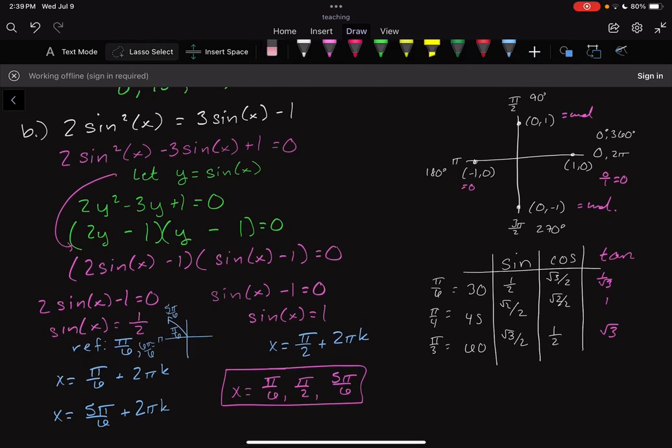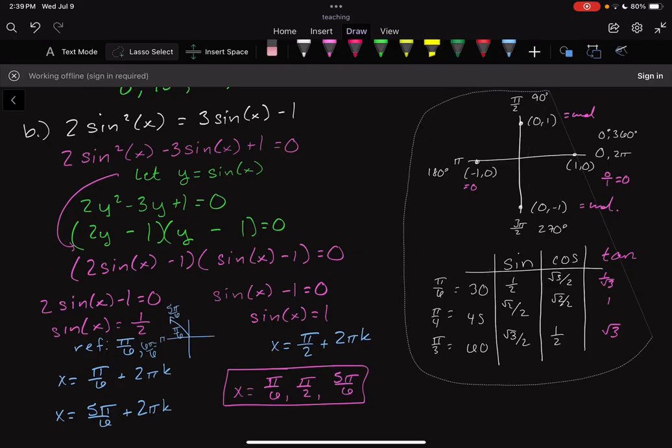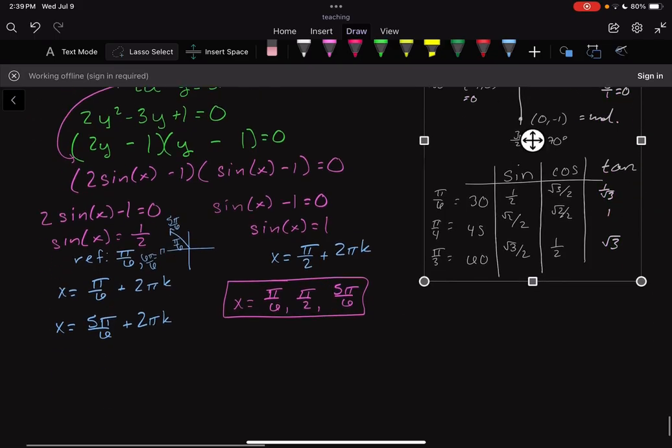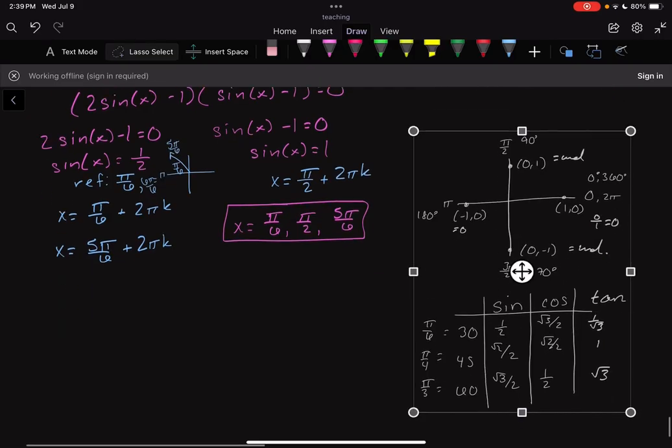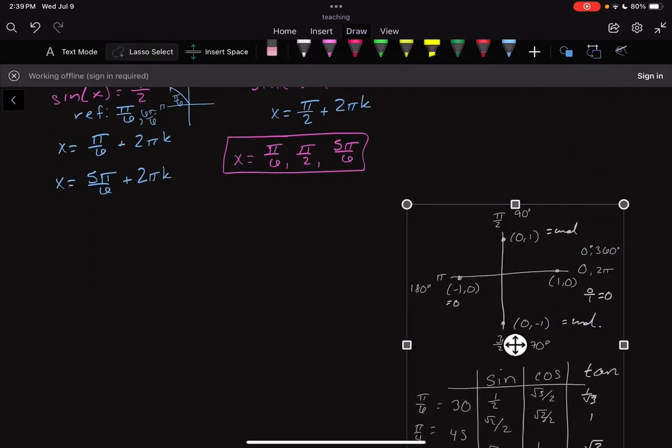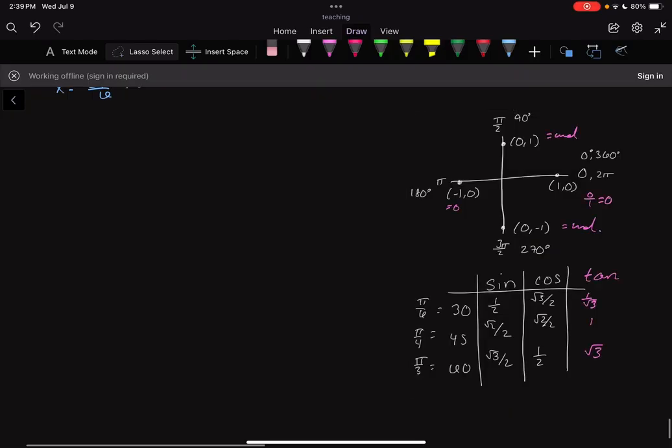Alrighty. I'm going to go ahead and bring this down with me. This next one, I'd like to show you one where maybe you have a sine and a cosine in the problem, and see what we can do with that to fix it.